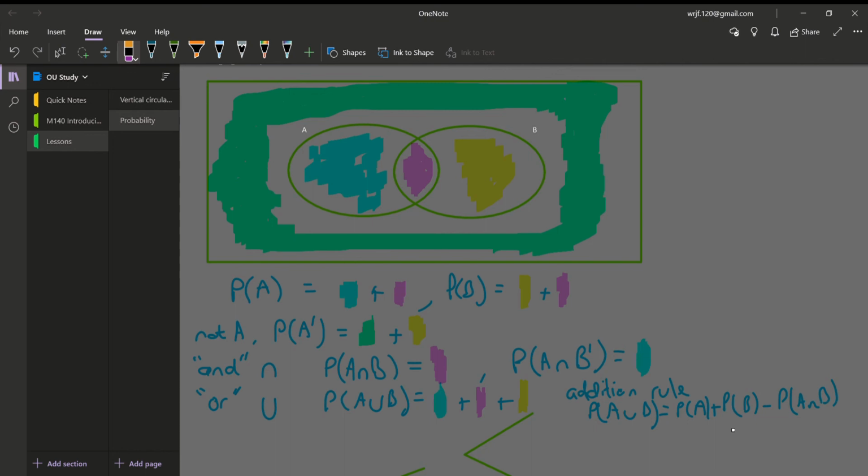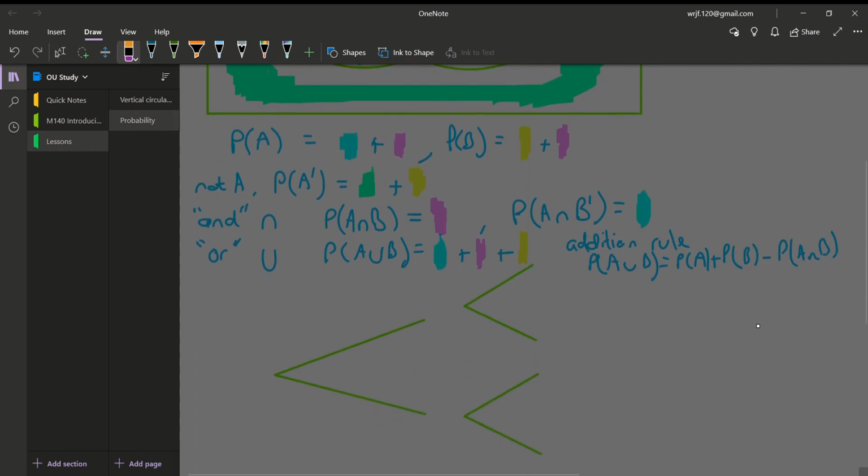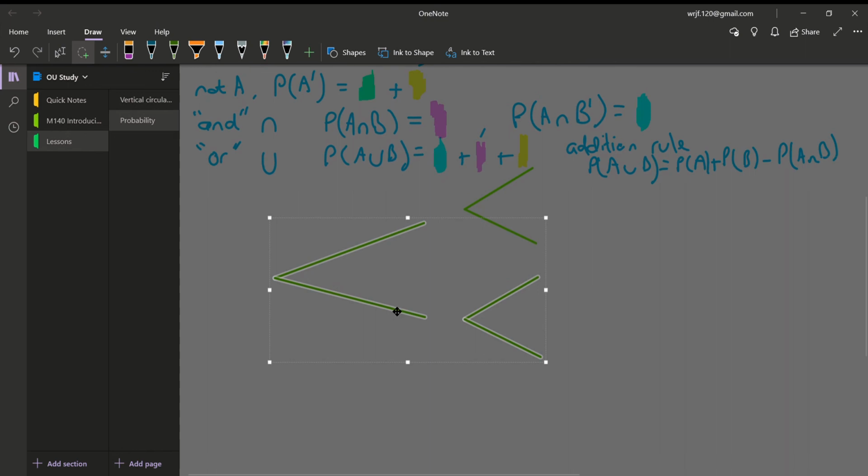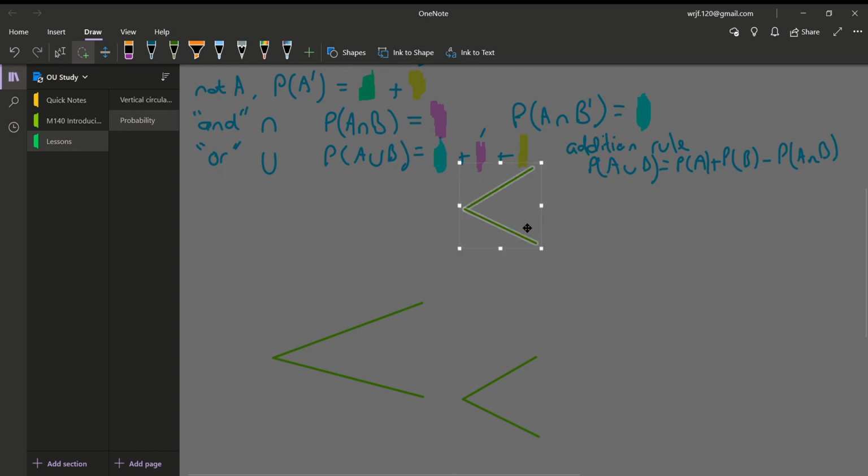I also want to have a quick look at a tree diagram before we move away, which I have now just put in slightly the wrong place, haven't I? So let's just give ourselves a little bit more space here. And so here we're thinking about two events, or more, sort of in sequence, a kind of time-related thing.